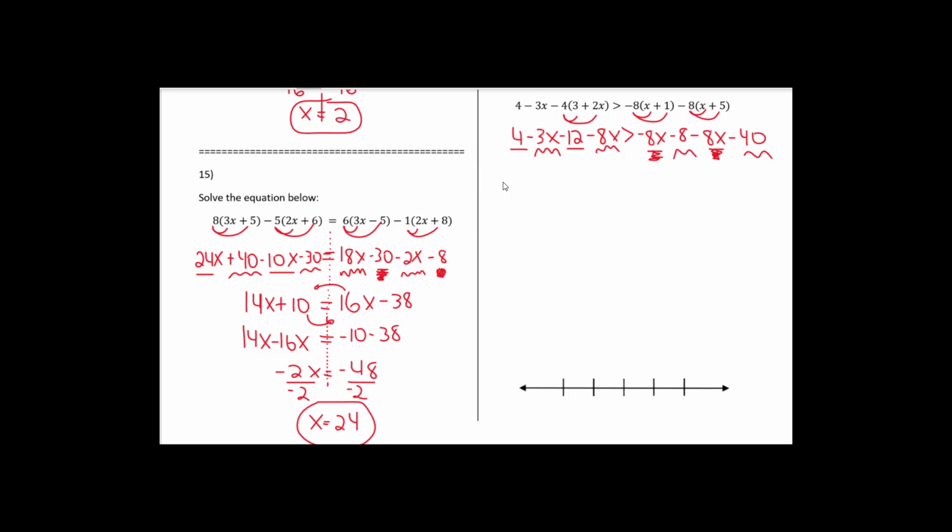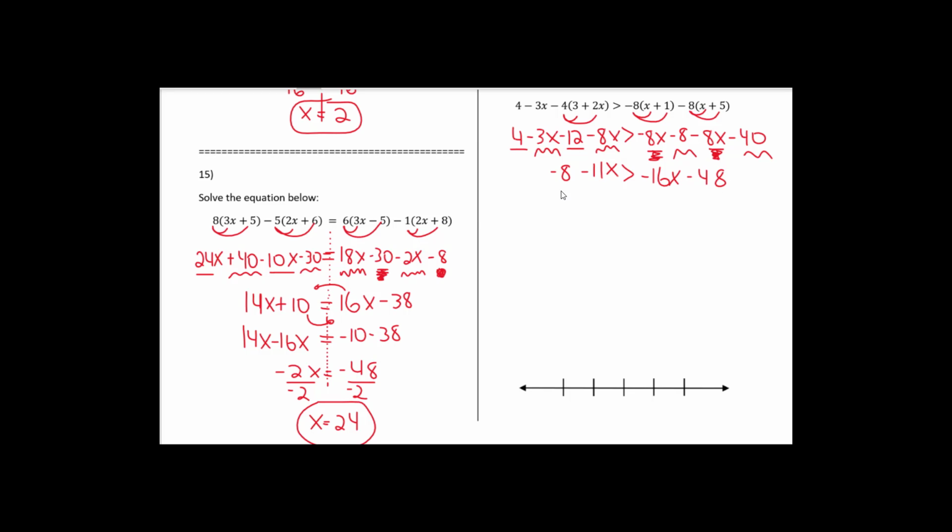All right, let's combine those. So on this side, negative 3 minus 8 is negative 11x. Greater than negative 8 minus 8x is negative 16x. Negative 8 minus 40 is negative 48.